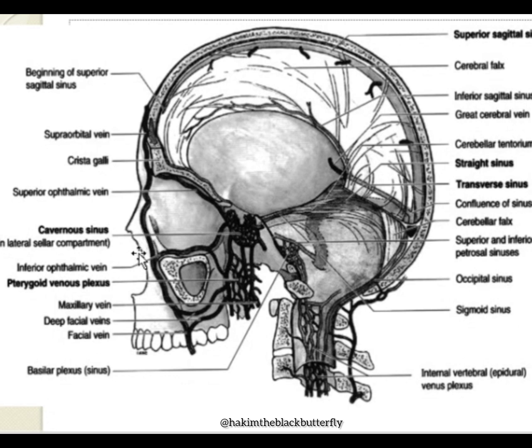When you have an infection in the face area, are you hearing me, members? Yes, sir. Those infections are going to enter the facial vein. And when they enter the facial vein, they are going to move through the superior ophthalmic vein and inferior ophthalmic vein and reach the cavernous sinus.